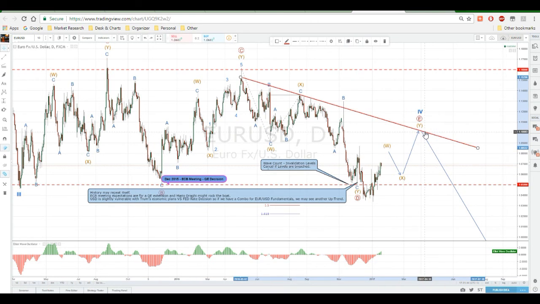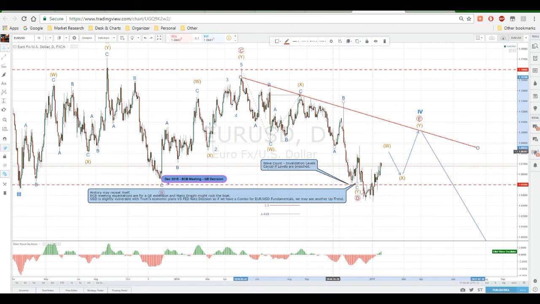So the price target that I'm expecting before Euro USD will really fall, completing the last primary bearish wave when the US dollar will gain strength, would be around 110 levels. So keep an eye on that in the near future.